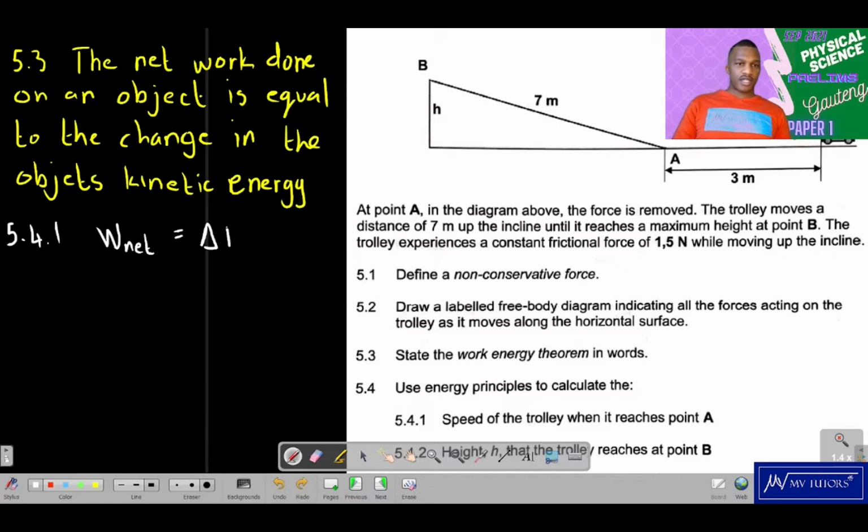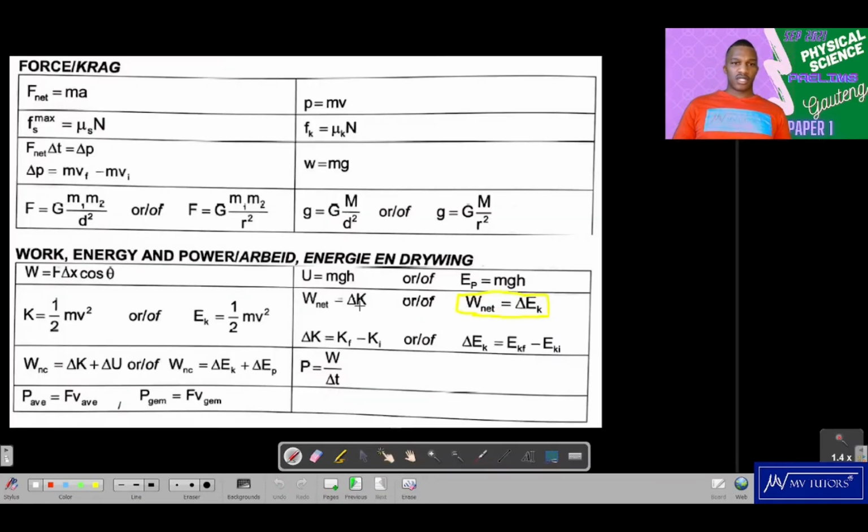So kinetic energy is E, energy, and it's kinetic. Now let's define W net. We go back to the formula sheet. W net there. Sorry, you can't see that pen. W net is equal to force, change in x, times the cos of theta.